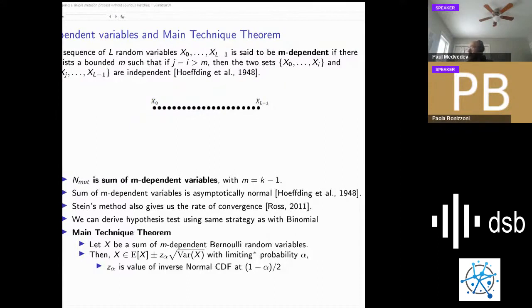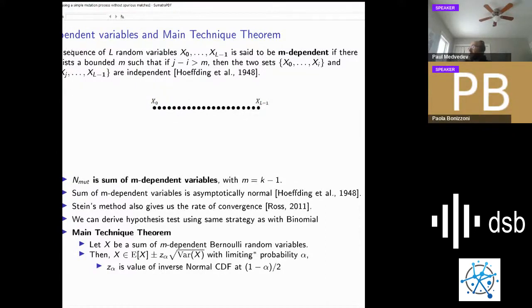But in our case, it's not clear that we can do that because we're not a binomial. However, it turns out because our dependency structure is so localized, we will be able to do it. And this comes back to a definition from 1948 of M-dependent variables.